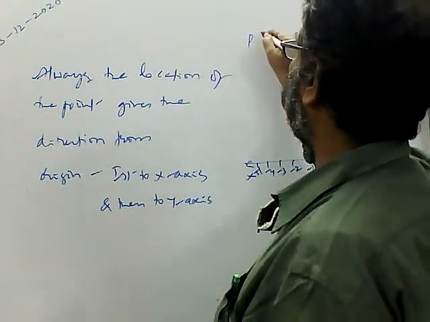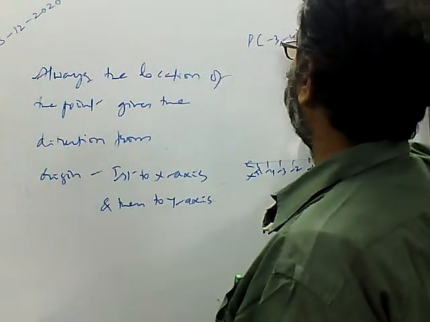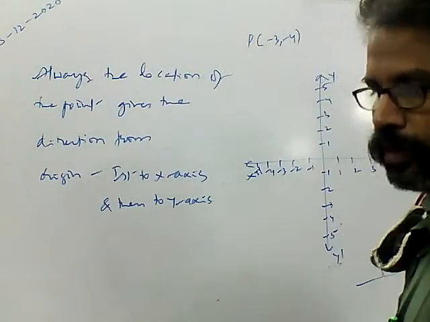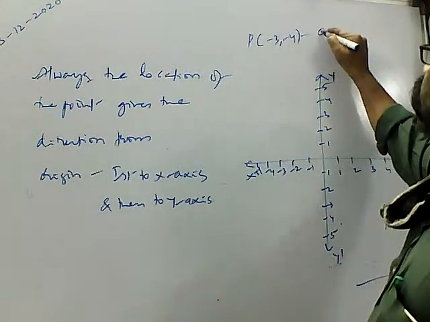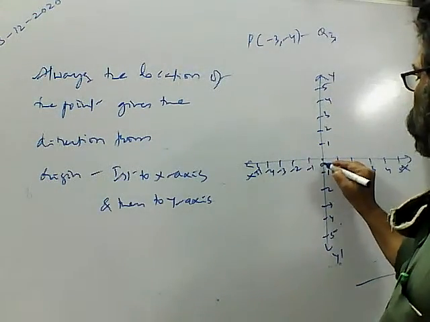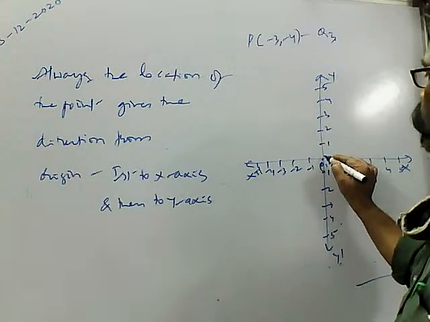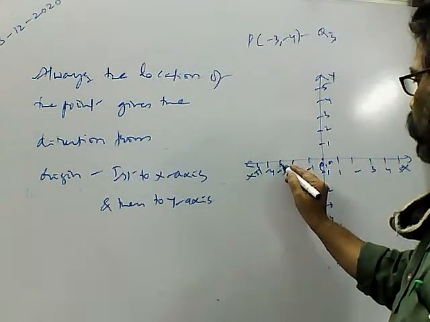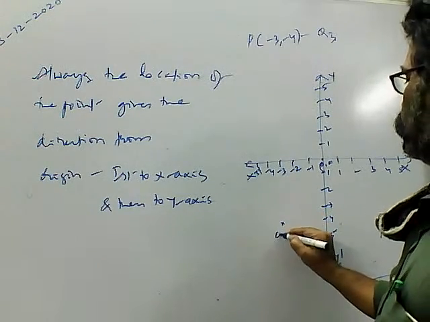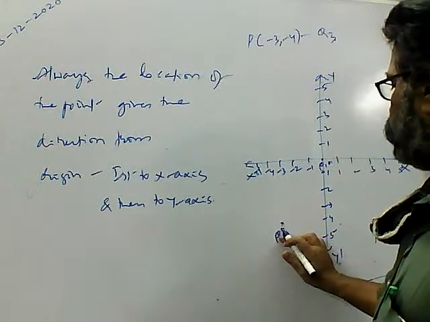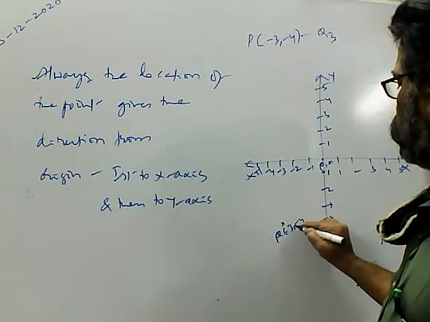So I want to find P, minus 3 comma minus 4. Both are negative, so it lies in the third quadrant, Q3, that you know. First you start at the origin. Origin to minus 3, x-axis wise you go, minus 3. And from there come to minus 4. Minus 4 means downwards, like this. So this is P, minus 3 comma minus 4. Understood now? Like this you have to locate.